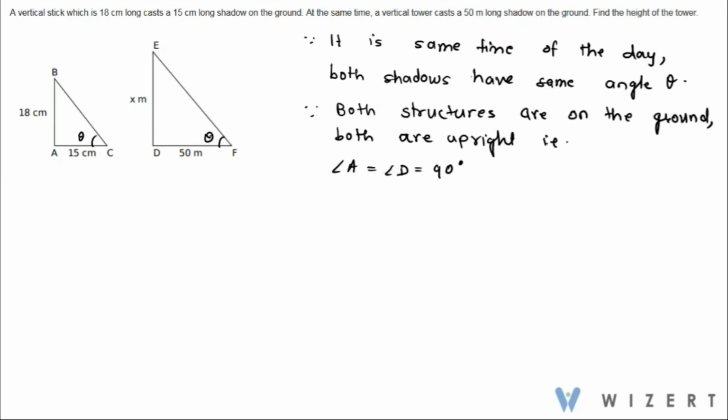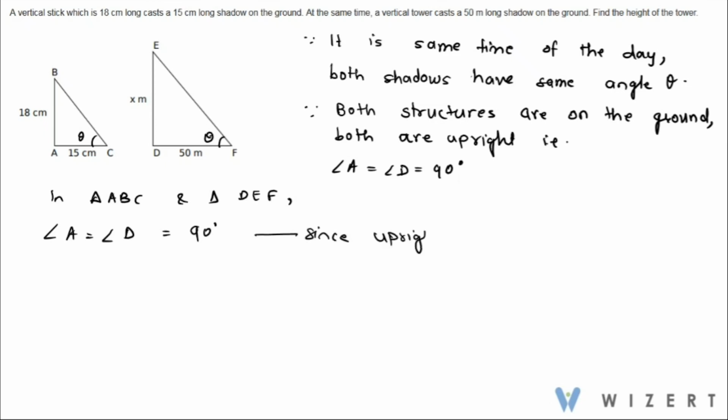Now if we look at it in triangle ABC and triangle DEF, we can say angle A equal to angle D equal to 90 degrees since upright structures.